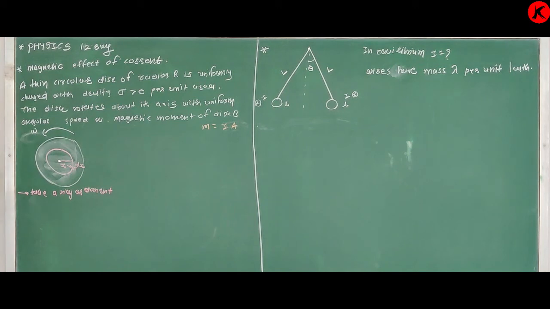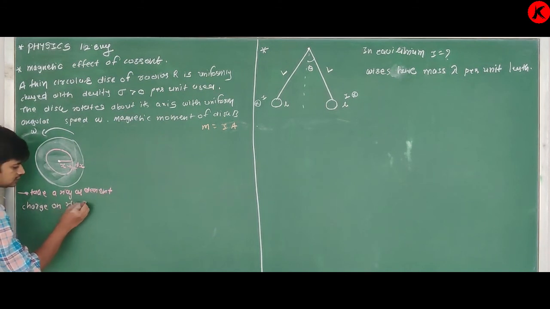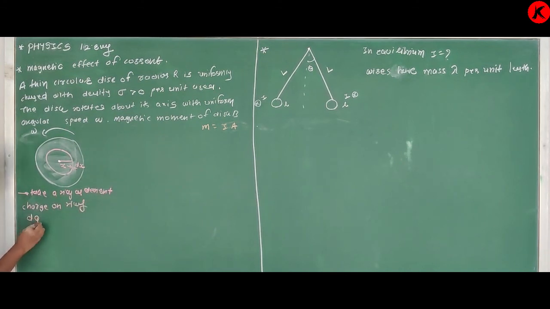So first of all, how to find? I will find what is the charge on this ring. The charge on the ring, dq, is equal to, we have the equation, sigma dA.